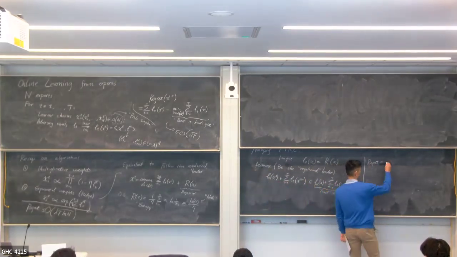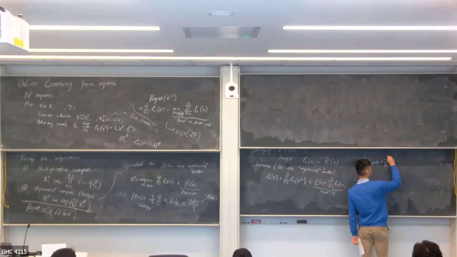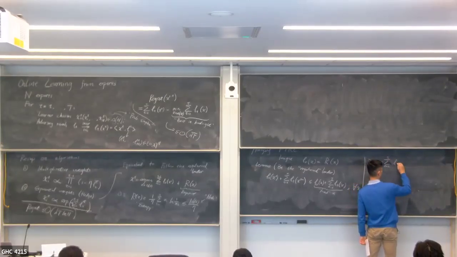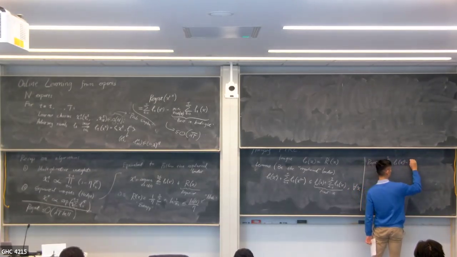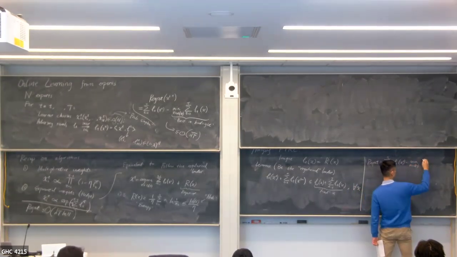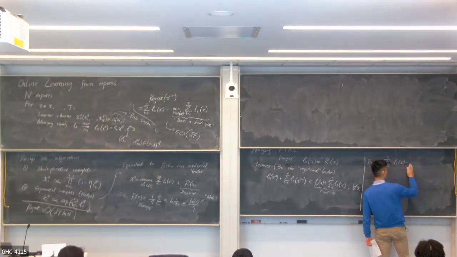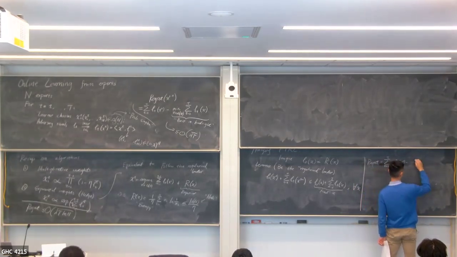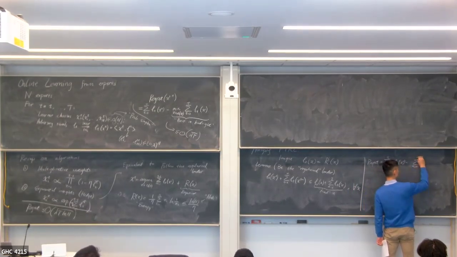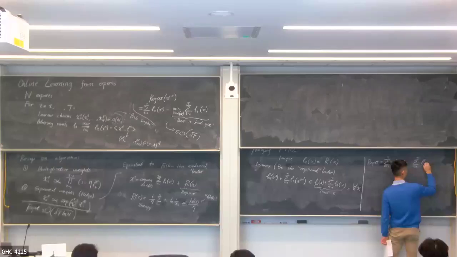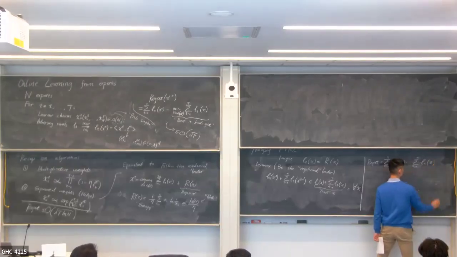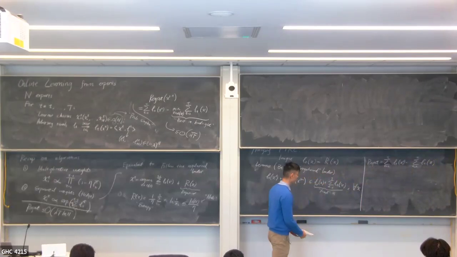So the regret is the sum from t equals 1 to T of L_t of x_t, minus, I'm going to skip the min, with respect to some x. So this is regret.